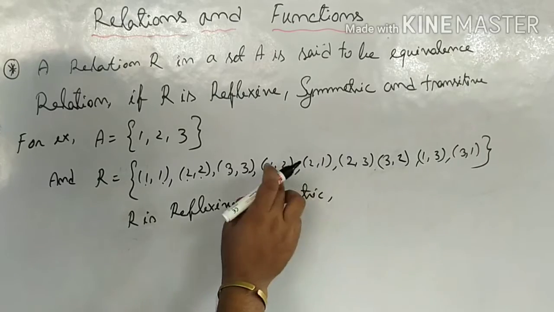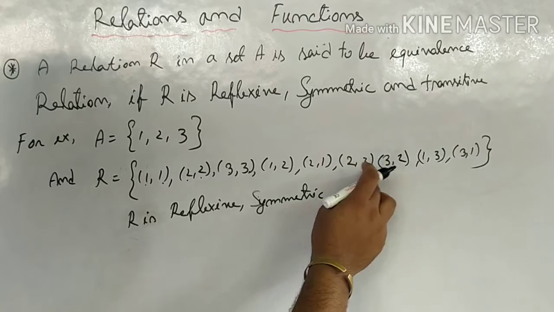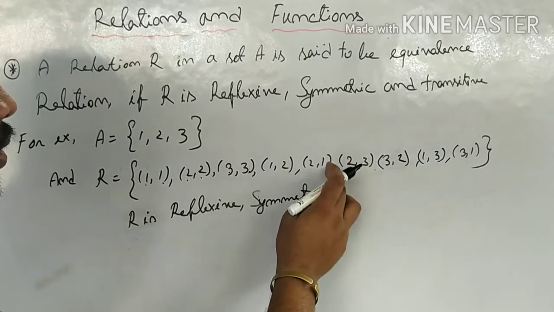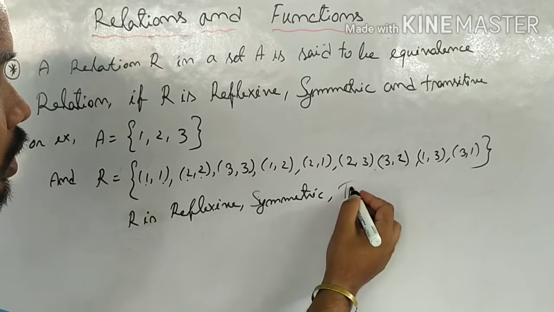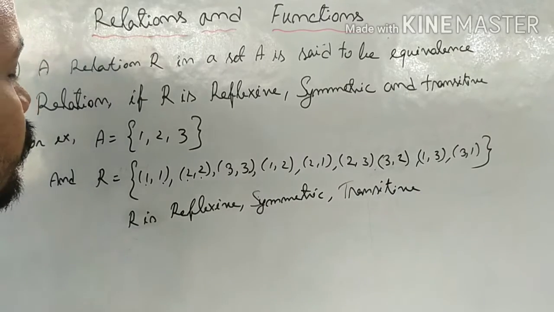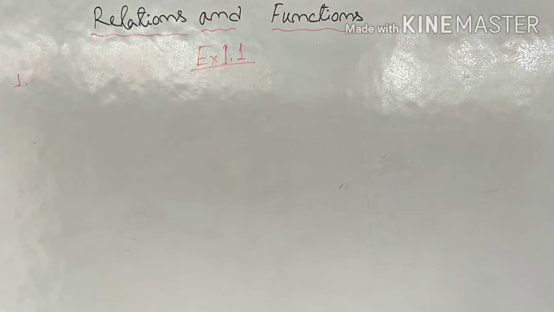Therefore 2 and 2 cancel, then we get (1, 3). And (2, 3) and (3, 1): if you cancel 3, then you get (2, 1). Therefore R is transitive. Since R is reflexive, symmetric and transitive, R is an equivalent relation. All of you understood? Now you see the exercise.